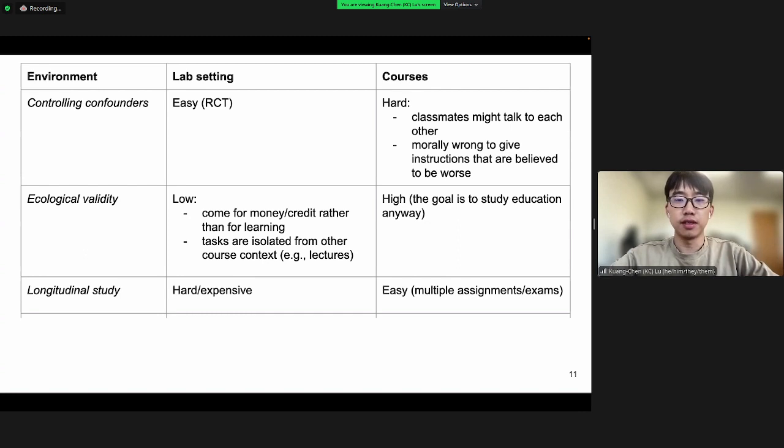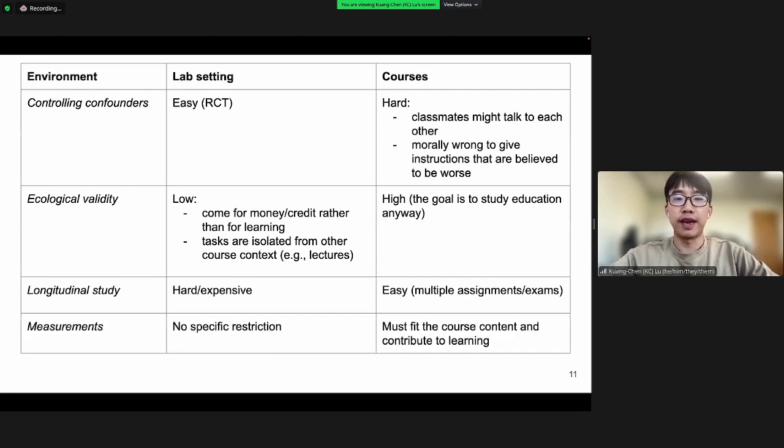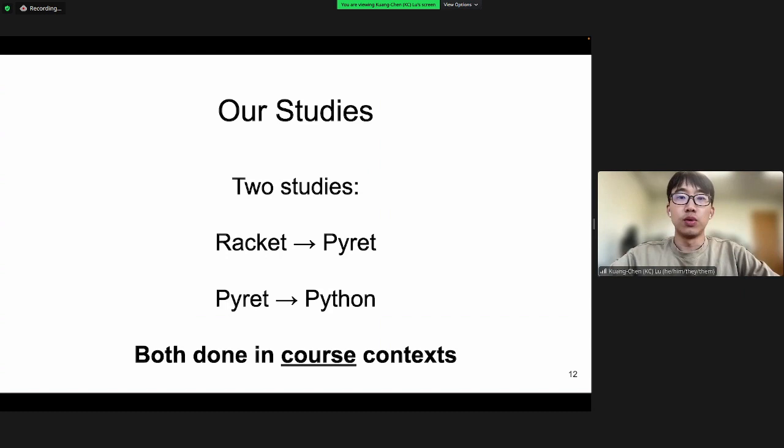Last but not least, we can measure anything we care about in a lab setting. In a course, however, the measurements had better fit the course content and help students learn. We feel that it is wrong to ask students to do tasks that will only help us do research, but not contribute enough to their own learning. So what did we decide to do? We use the course context to get the most useful data.